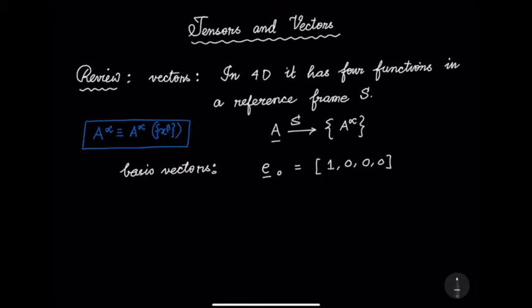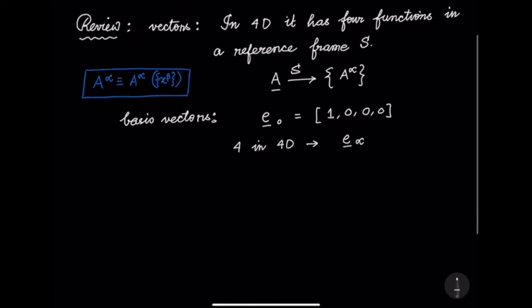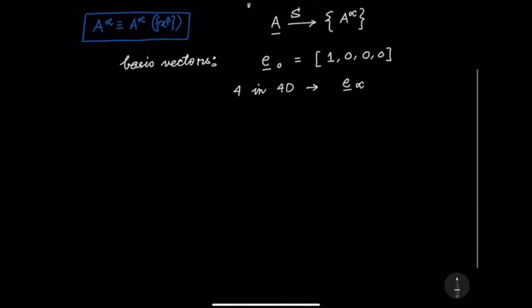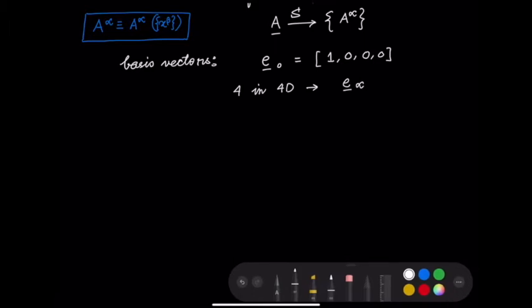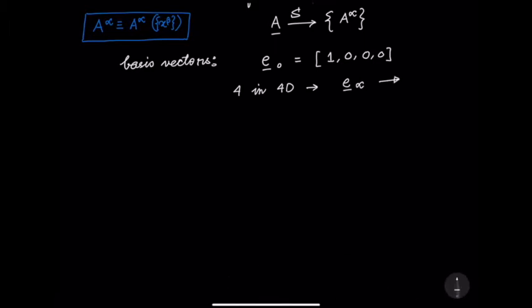And then we have 4 basis vectors in 4-dimensional system. And this we can write something like E alpha. Once I have the basis vectors, these bases are coordinate dependent. It depends on which coordinate system. Actually, they define the coordinate system.